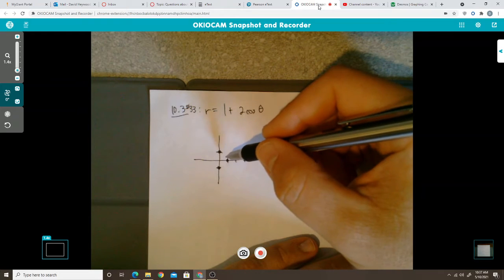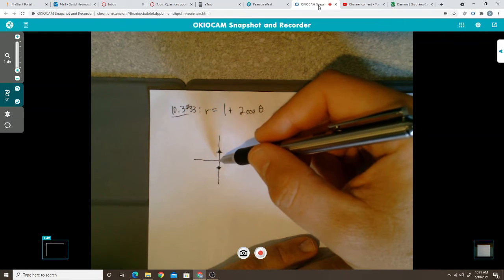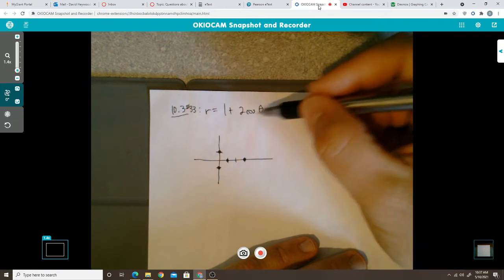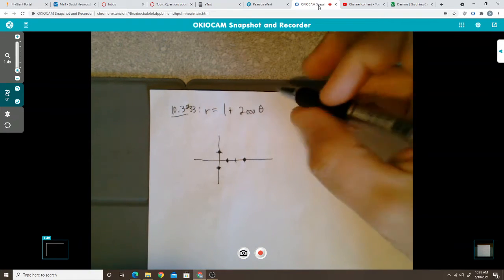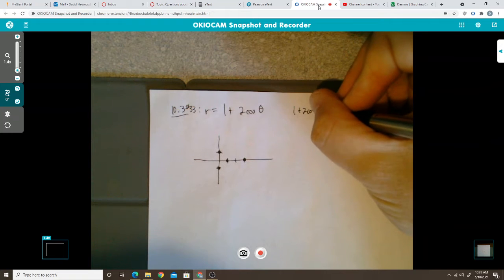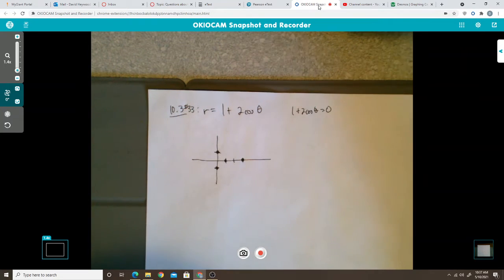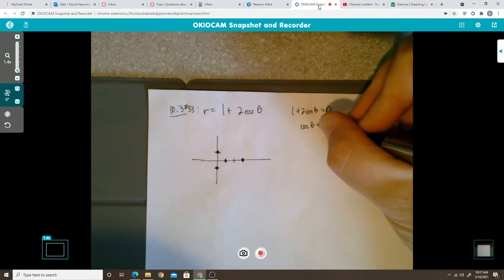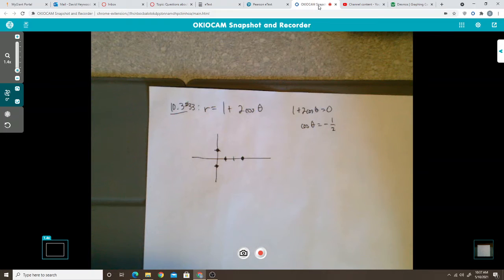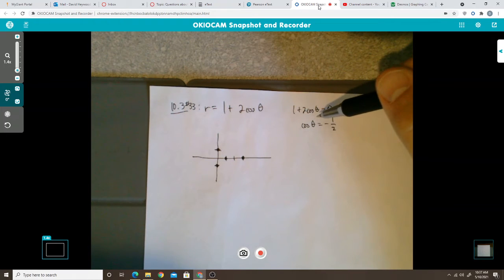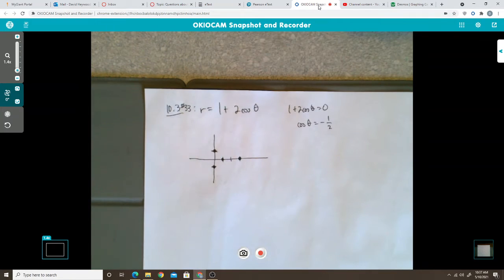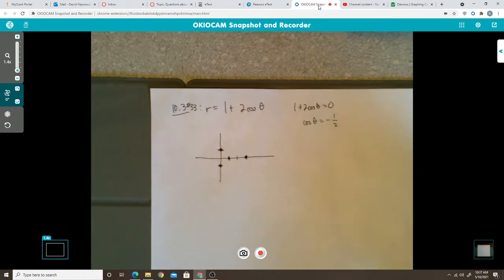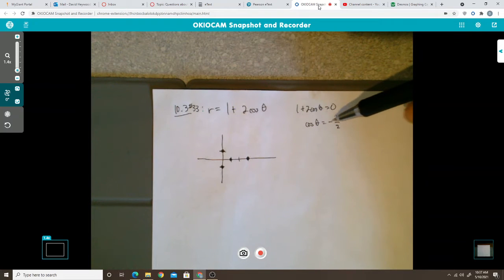It does sort of beg the question, when does this thing cross through right at 0? And we could solve this by setting 1 plus 2 cosine theta equal to 0. Then we would need cosine theta to be -1/2. I know that cosine is going to be 1/2 whenever theta is pi over 3.